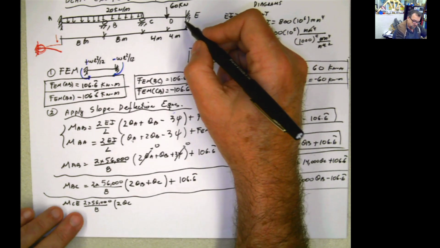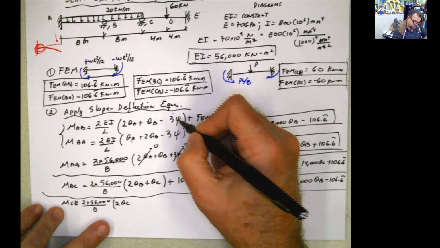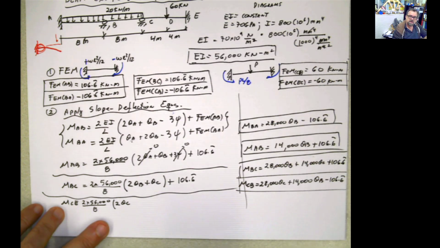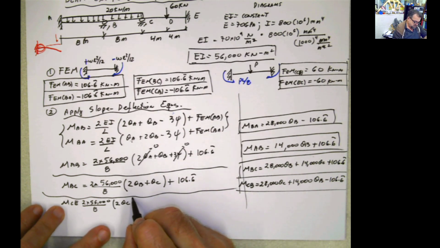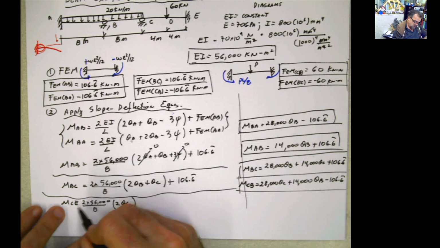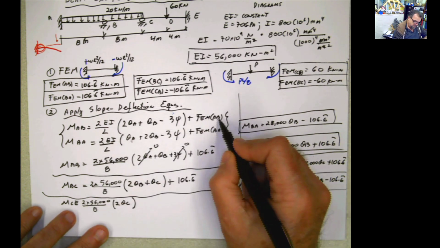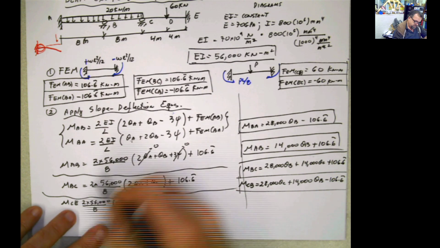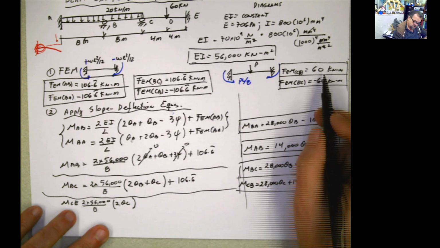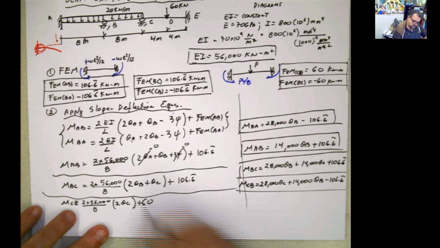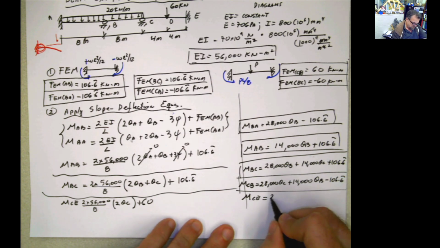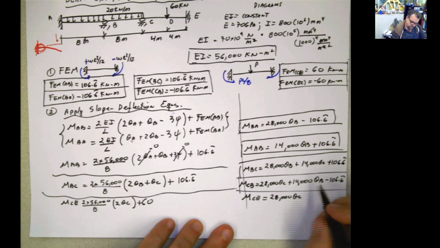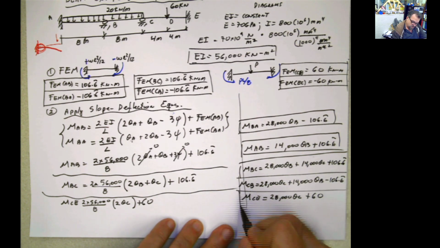Why? Because it's a fixed support. Fixed support doesn't have any rotation. Minus 3 times 0. Why? Because we don't have a residual displacement or relative displacement. So it's going to be only this plus, now instead of FEMAB, it's going to be FEMCE. FEMCE is 60. Now you have moment CE equals 28,000 rotation C plus 60. There you go.